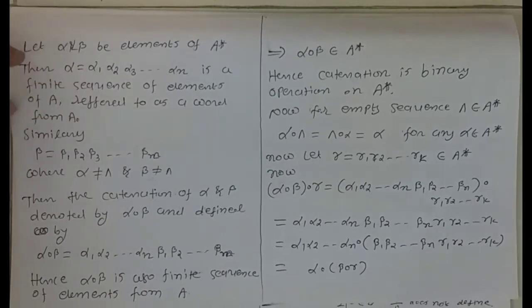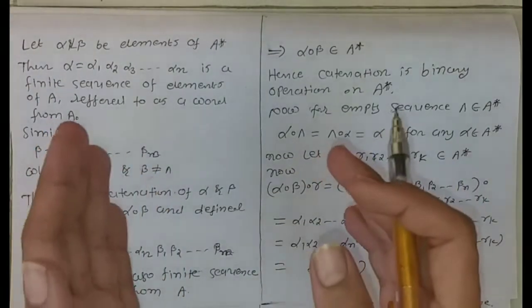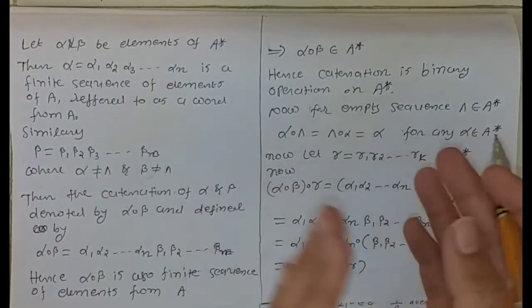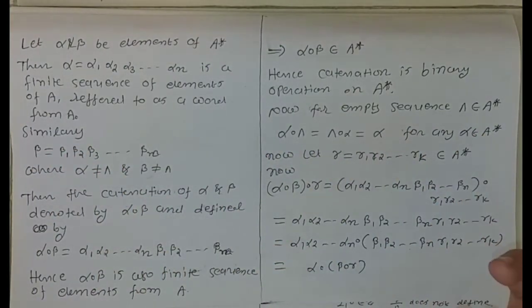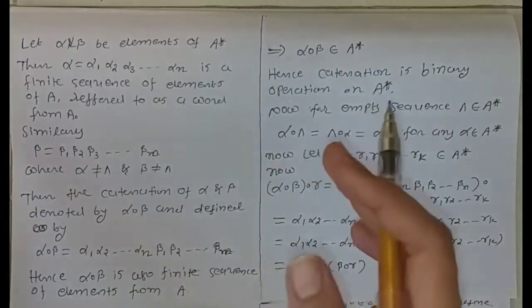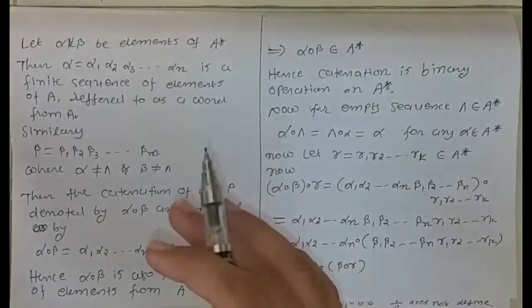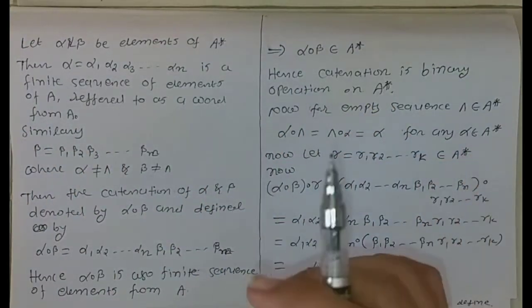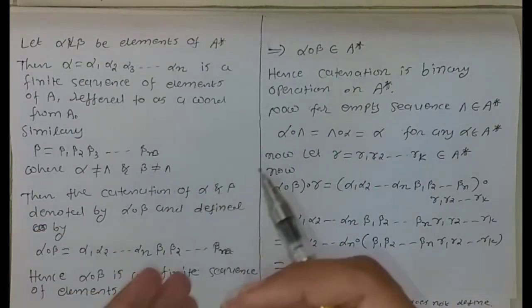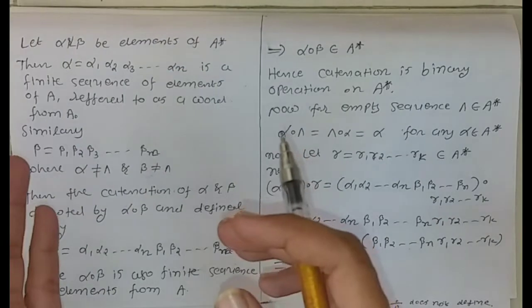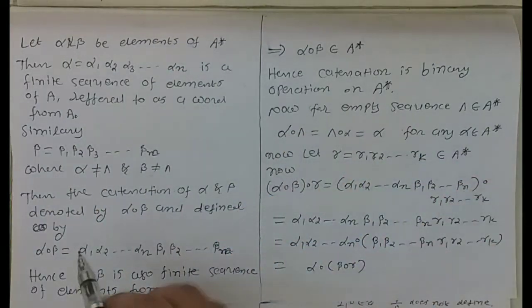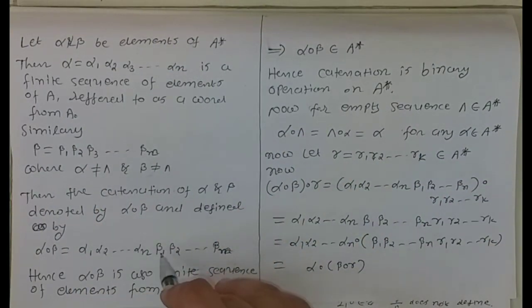That is, we have combined two finite sequences, of alpha and beta. So we get another finite sequence consisting of symbols of alpha as well as beta, that is alpha 1 to alpha n and beta 1 to beta m.